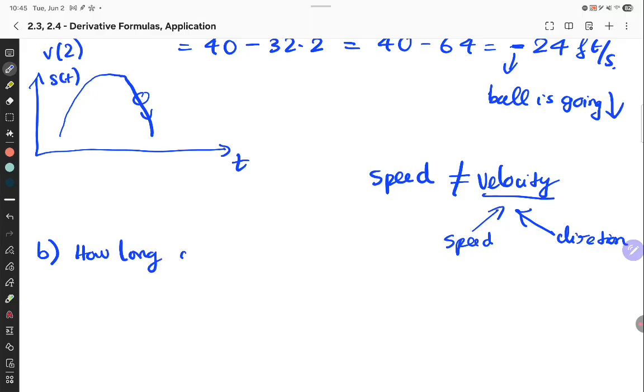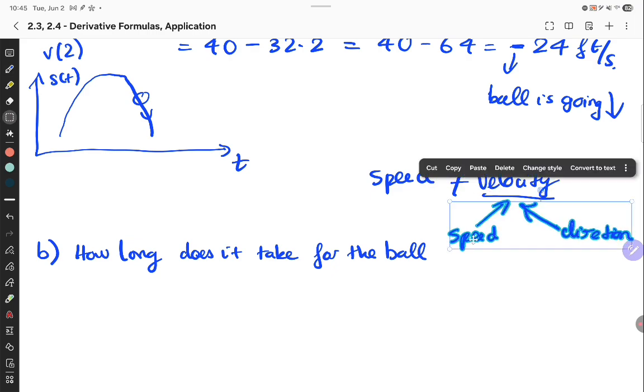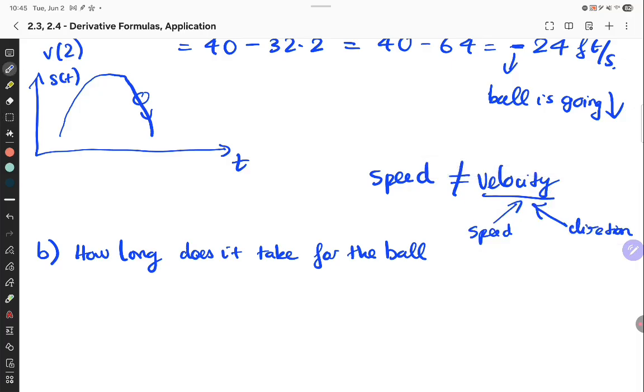how long does it take for the ball to reach its maximum height?